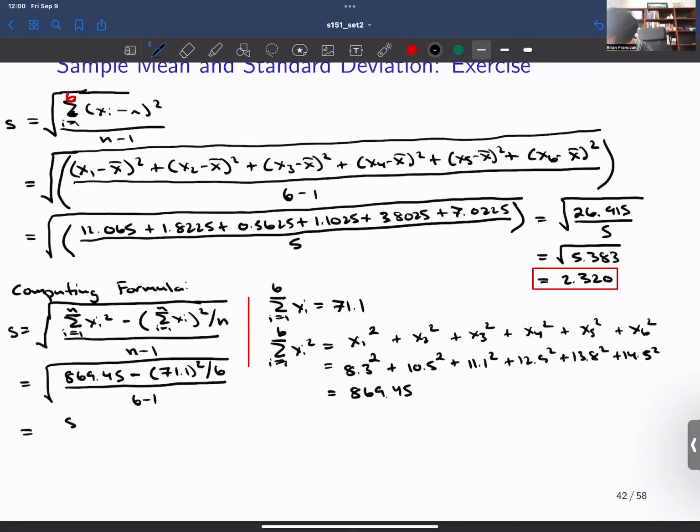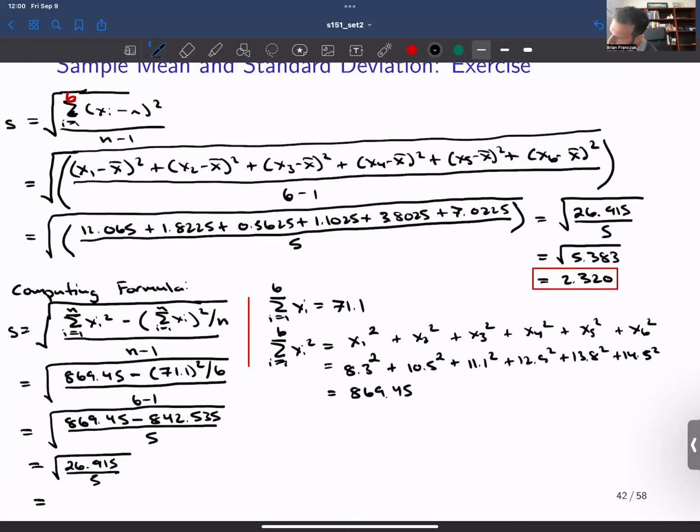So we're going to have 869.45 minus 842.535 divided by 5. Okay. And then you'll notice now, what does this give us? This gives us the square root of 26.915 over 5. So that's the same result that we found for the defining formula, which means that we will end up with the same result.